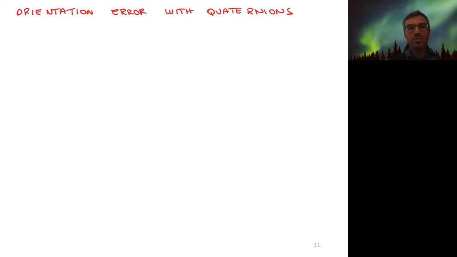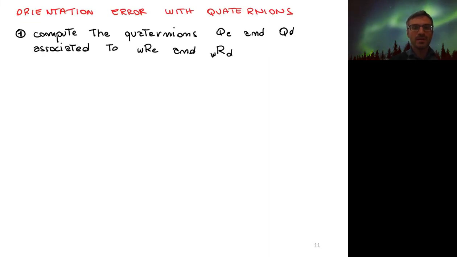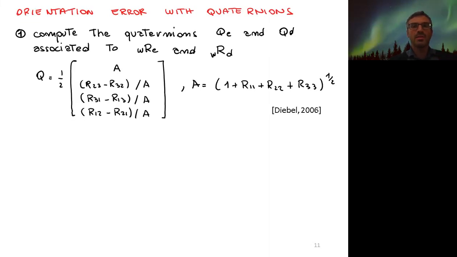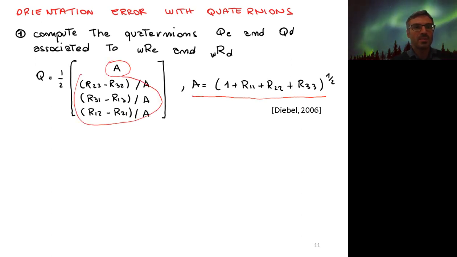There is a way to have a mapping from the rotation matrix to the quaternion, and this is the expression. You have this ugly expression, which is nothing more than the square root of the trace plus 1, and you can compute the quaternion, which is a 4D vector with the scalar part and vectorial part. You can find more details in the document referenced at the end of the lecture.